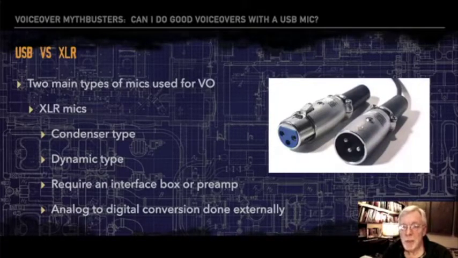They have a different kind of pickup, a different kind of sound, a different distance that you would address them at, and a number of other unique things about them that make them different than condenser mics.